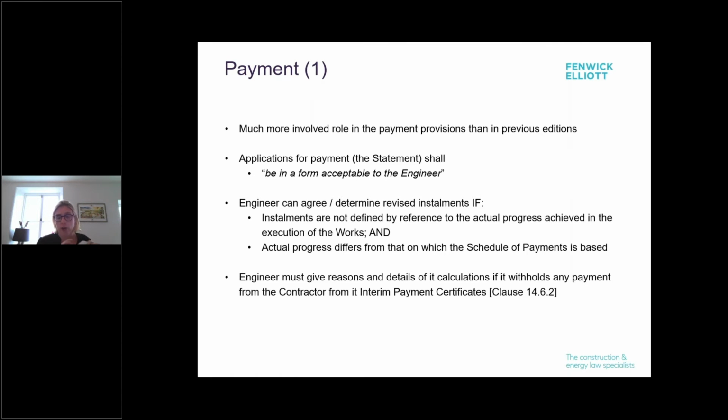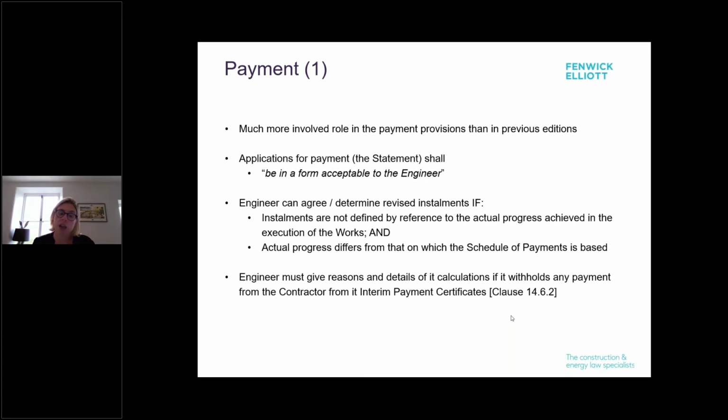So finally, before I hand over to Beth, payment. The engineer is much more involved in the payment provisions than in previous editions of FIDIC. Applications for payment, the statements are meant to be in a form acceptable to the engineer. So obviously, if the engineer has any concerns, the level of detail isn't there, there's not the visibility or the audit trail in those statements, then that's something you want to deal with early doors.